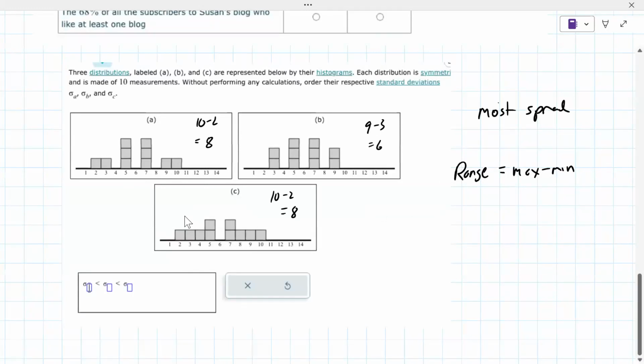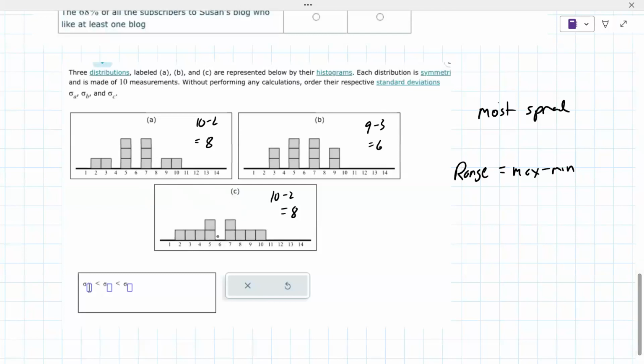So the next thing to look at is, is the data pretty spread out evenly, or does more of it go towards the center? Well, for me, I think A is more towards the center. A is more towards the center, so it has less variation than C. So C has the biggest spread.